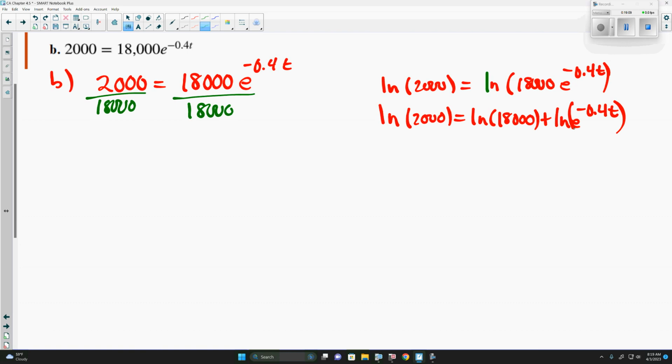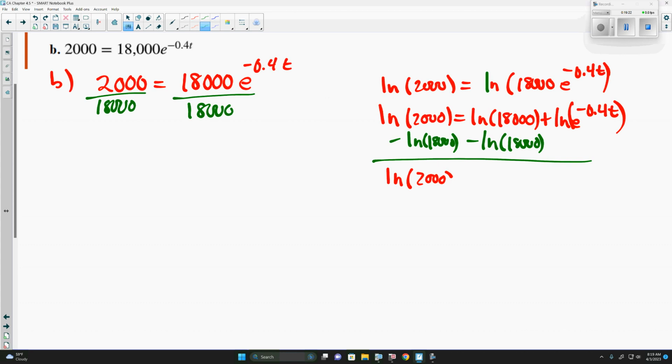Well, I can subtract ln of 1800 from both sides, to give us ln of 2000 minus ln of 1800 equals ln of e to the negative 0.4t. So that does work.